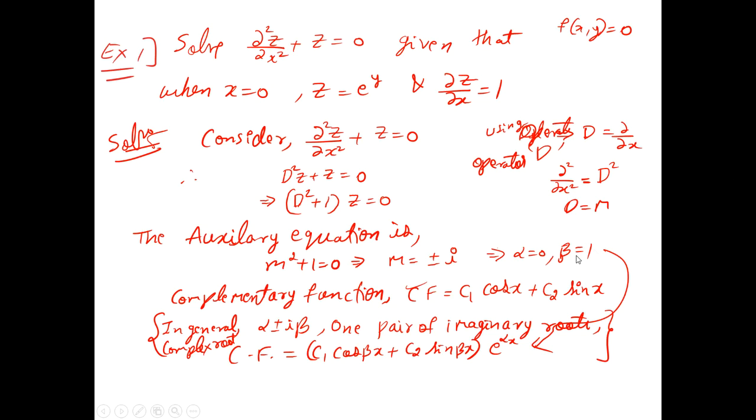Okay, now I'm going to eliminate z. So we have calculated z is equal to e raised to y cos x plus f2(y) sin x.